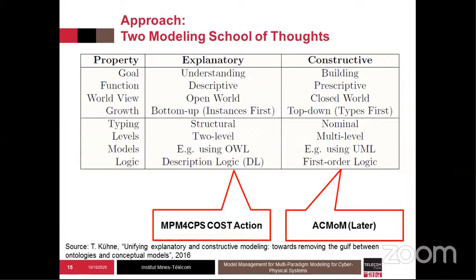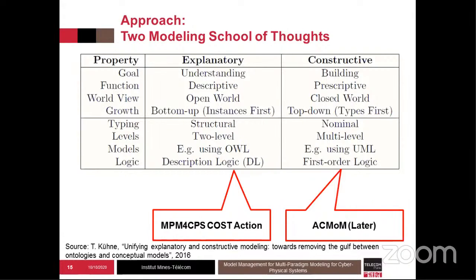Biologists have developed a language that some of you may know already, the Web Ontology Language, OWL, with a well-known tool, Protégé, that allows them to classify these species more easily. On the other hand, you have the constructive approach, where you build models to construct, for example, a new tool to do some specific task.